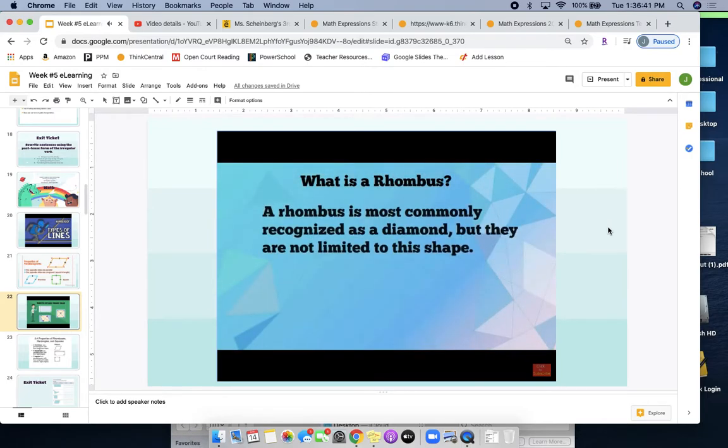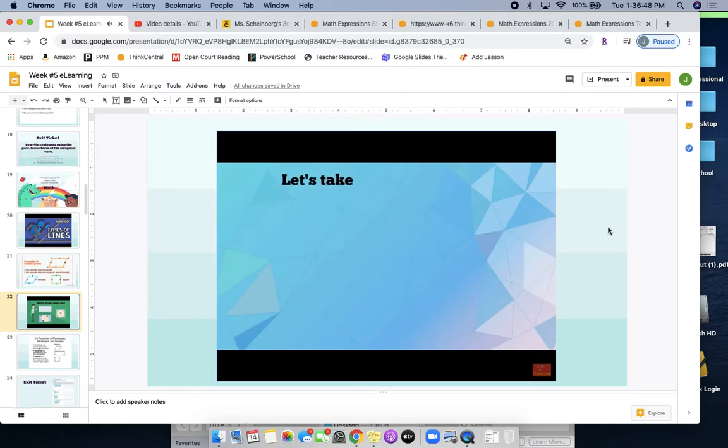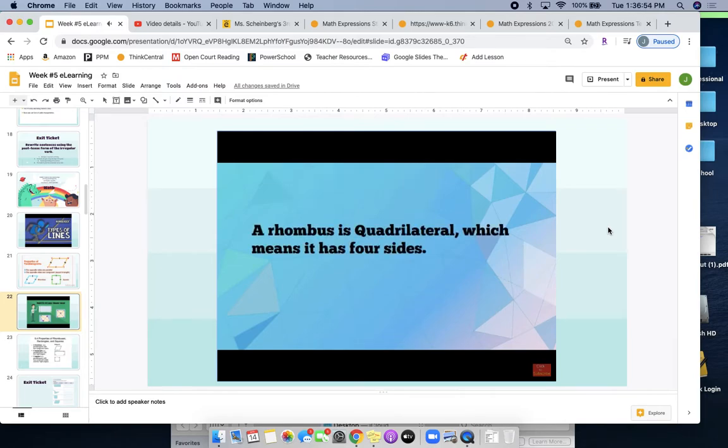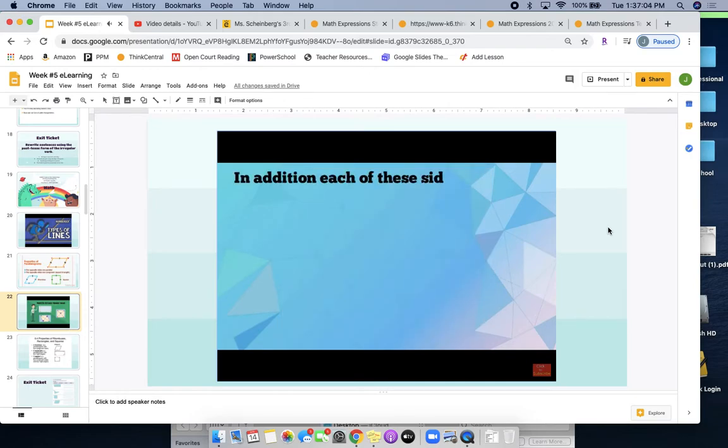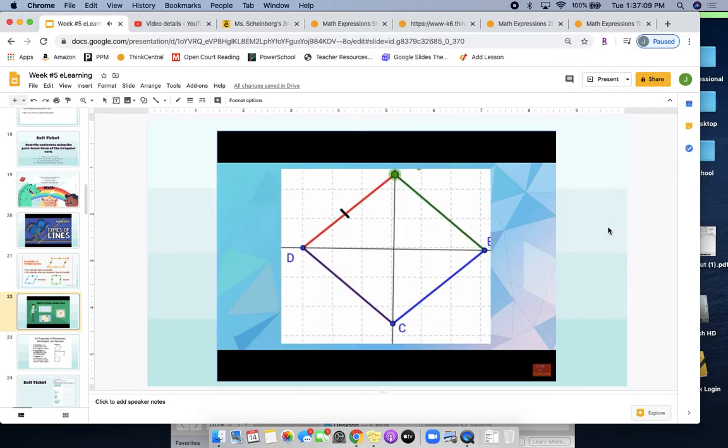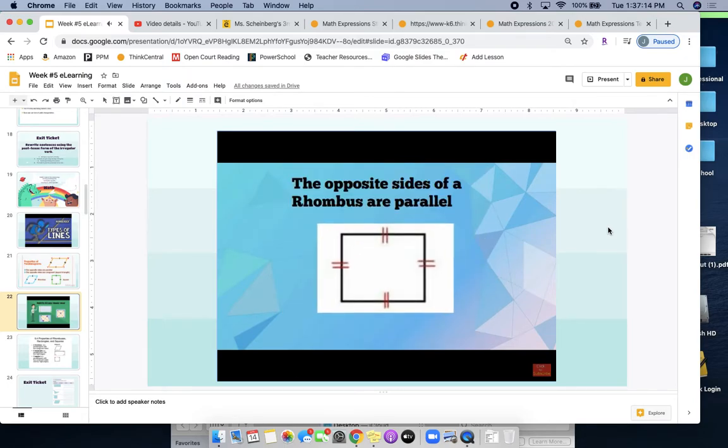What is a rhombus? A rhombus is most commonly recognized as a diamond, but they are not limited to this shape. Let's take a look at 14 properties of a rhombus. A rhombus is a quadrilateral, which means it has 4 sides. In addition, each of these sides are congruent, or equal. The opposite sides of a rhombus are parallel.